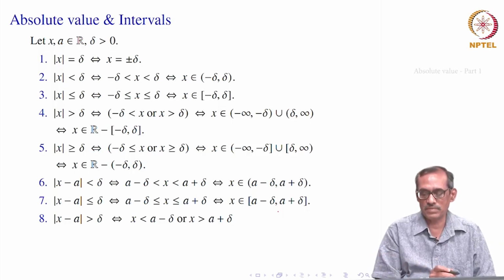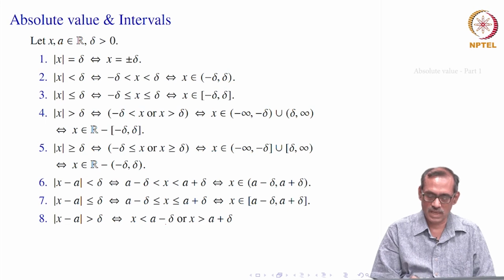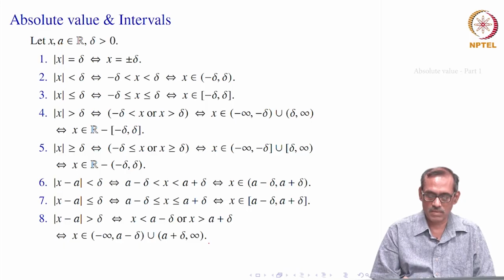So, either to the left of a minus delta or to the right of a plus delta, that is, x is less than a minus delta, or x is greater than a plus delta. So, that is how it will look. We may say it is minus infinity to a minus delta union a plus delta to infinity.